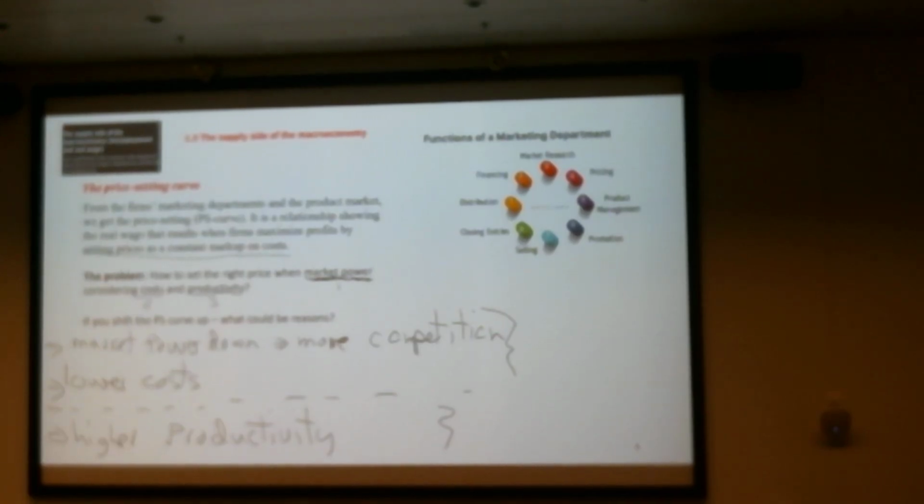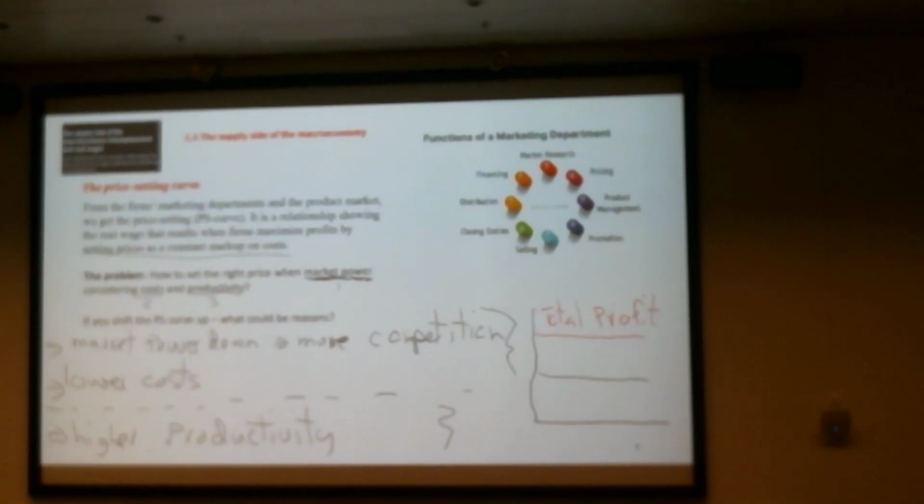So if it's point number 3, then we not only shift the PS curve, we also have a curve here, the total profit.